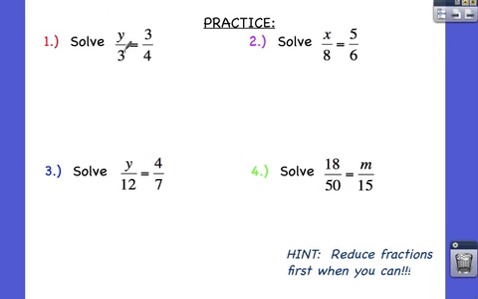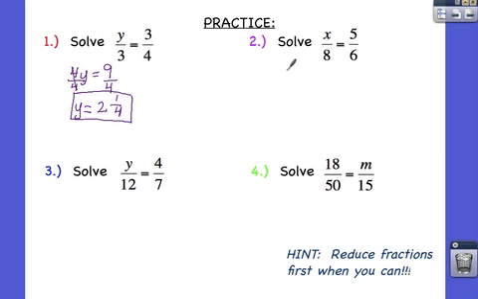So number 1, we start by multiplying diagonally. 4y equals 9. Divide by 4. And we get 2 1/4, or 2.25.